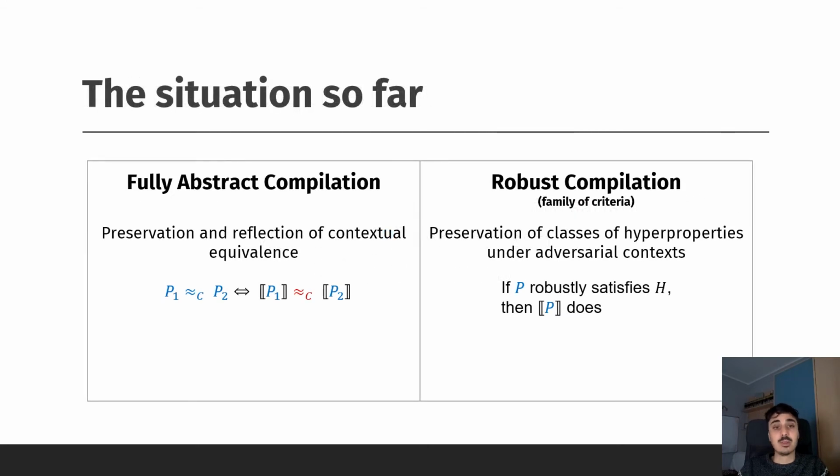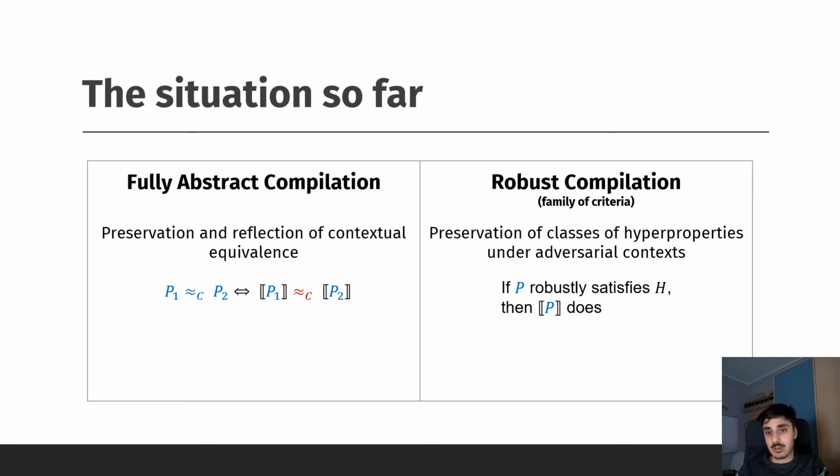So again, let's take a look at our current definitions. On the left we have again fully abstract compilation, and on the right we have again robust compilation. First of all, we can notice that fully abstract compilation talks about contextual equivalence, the blue relation here and the red relation here, which is a relation between programs that is often defined as equiconvergence or equidivergence.